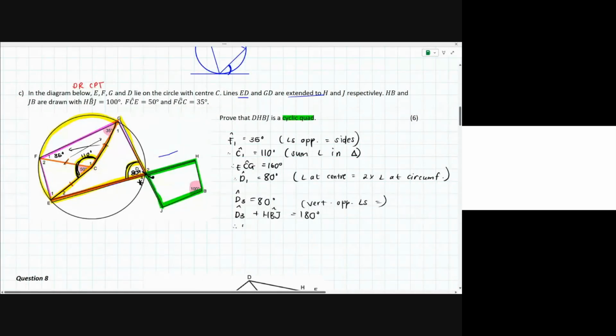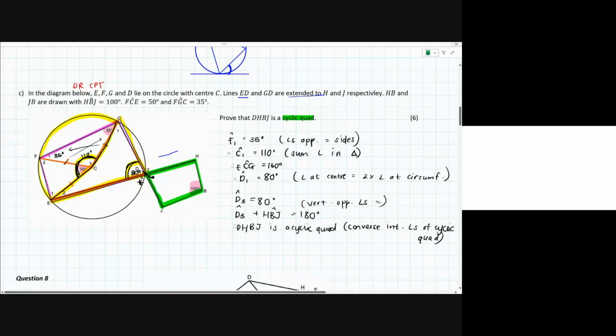And so therefore DHBJ is a cyclic quad, because of converse interior angles of cyclic quad. Remember, it's always a converse when we prove.